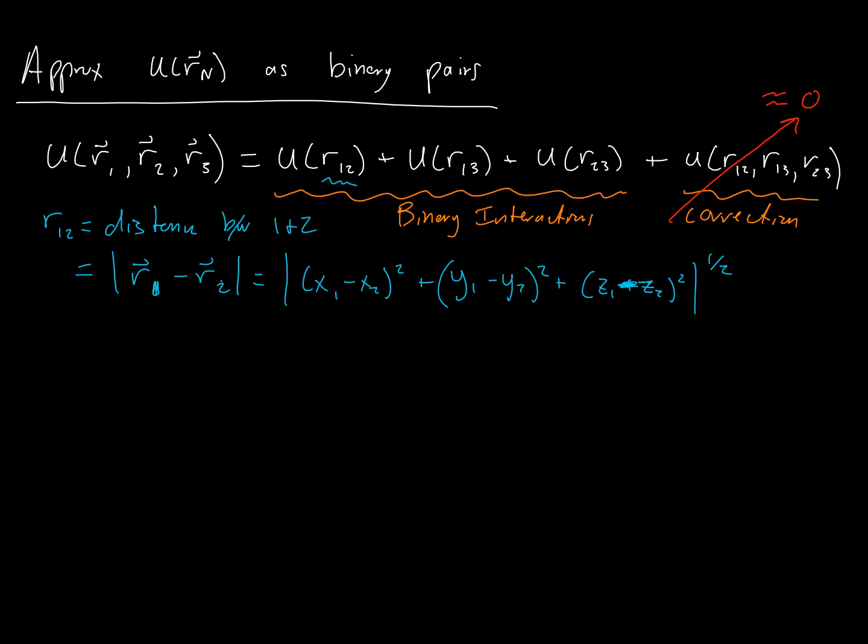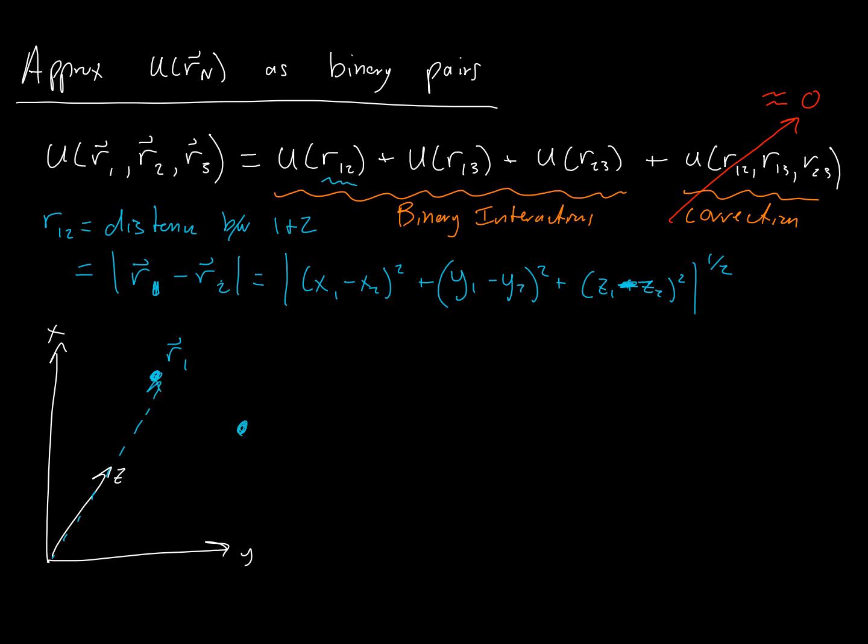Okay, so if we were to draw this out visually, we have some 3D XYZ axis. We would have a position. Let me choose a different color. That would be position vector R1.